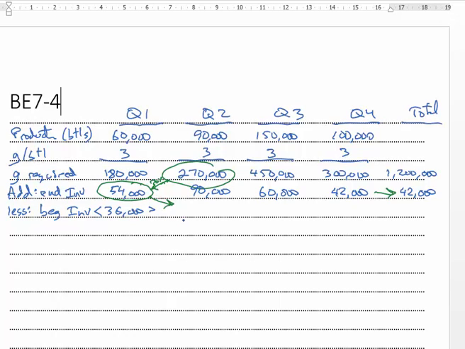So this then is going to be 54,000, 90,000, 60,000. And for the year, the beginning inventory is the beginning inventory from the first quarter, 36,000.